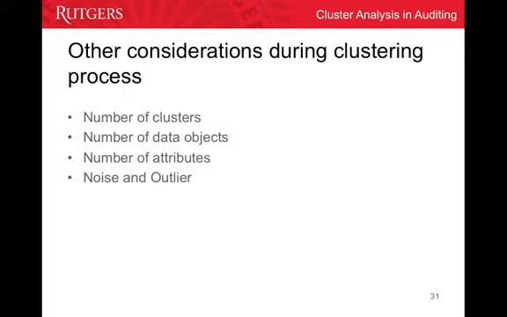Another thing we need to consider is the number of data objects. Clustering can be affected by the number of data objects. The cluster analysis requires powerful computing because computations can be extensive, especially as the number of objects increases.